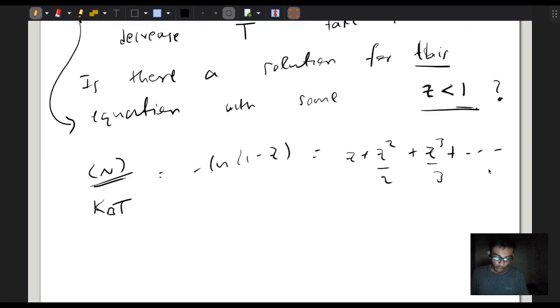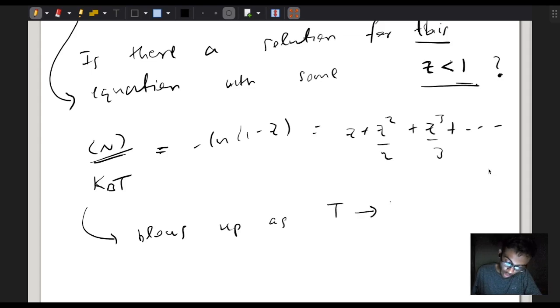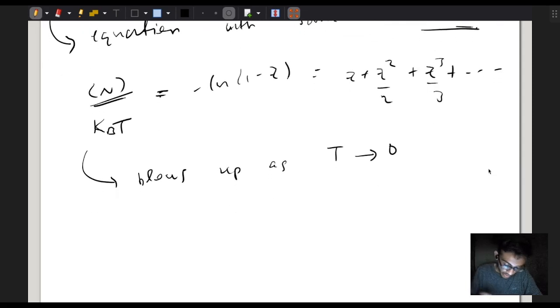The important point is that as you decrease the temperature, keeping the number of particles fixed, the quantity on the left hand side blows up as t goes to zero, or becomes very large. So now the question is, can the RHS keep pace with this?